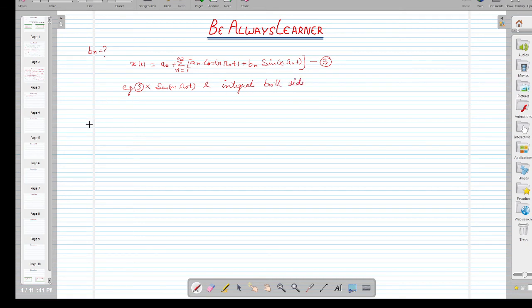Right. So for doing this, we are again multiplying this x(t) by sine of m omega naught t and integrating the entire term with respect to time, where the time limit is t naught to t naught plus capital T, is equal to, again first term, a naught sine of m omega naught t dt.